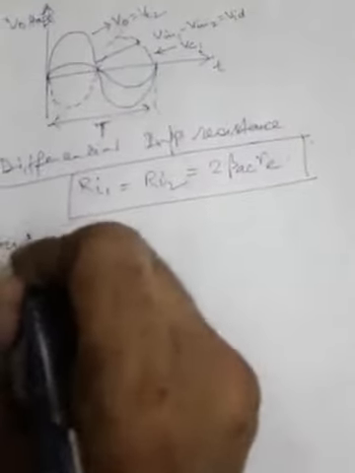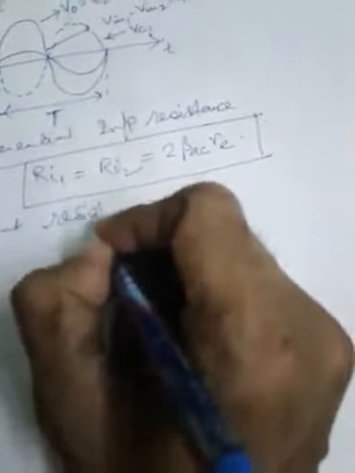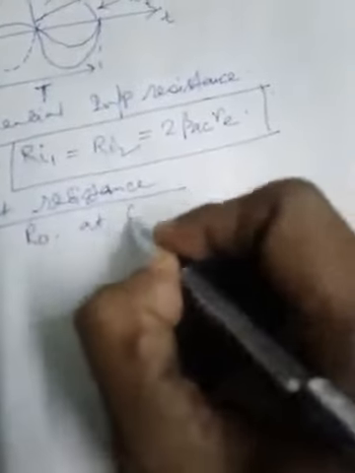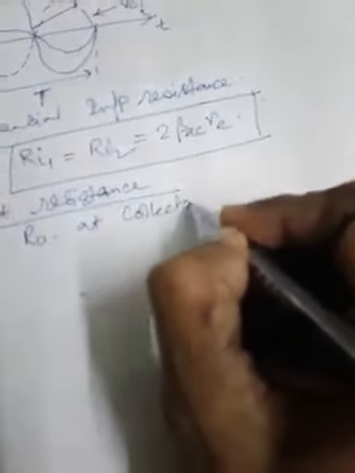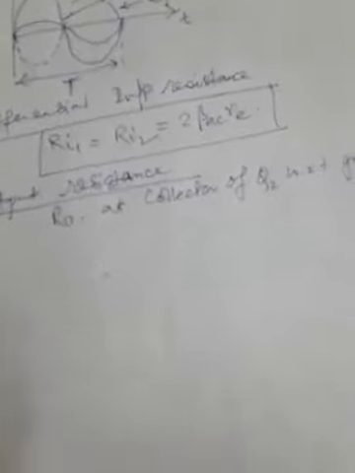And the output resistance Ro is measured similarly at collector C2 with respect to ground, that is, at the collector of Q2 with respect to ground, because in this case the collector of Q1 is not taken into consideration due to the unbalanced output configuration.